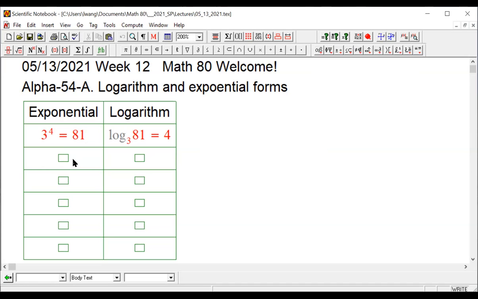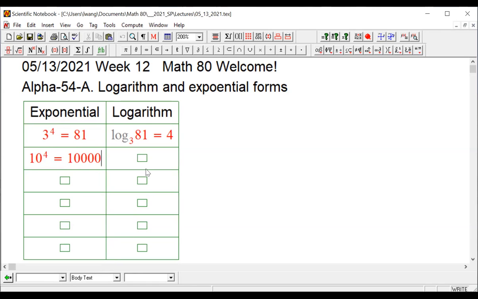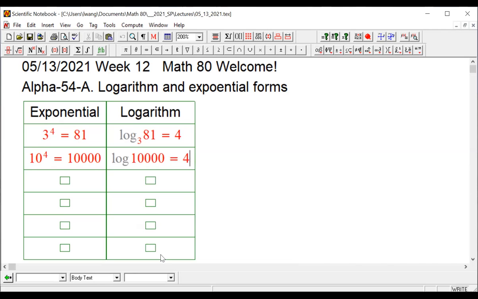Okay, the second question is 10 to the power 4 equals 10,000. And in the logarithm form, you're going to write common log 10,000 equals 4. Get it?